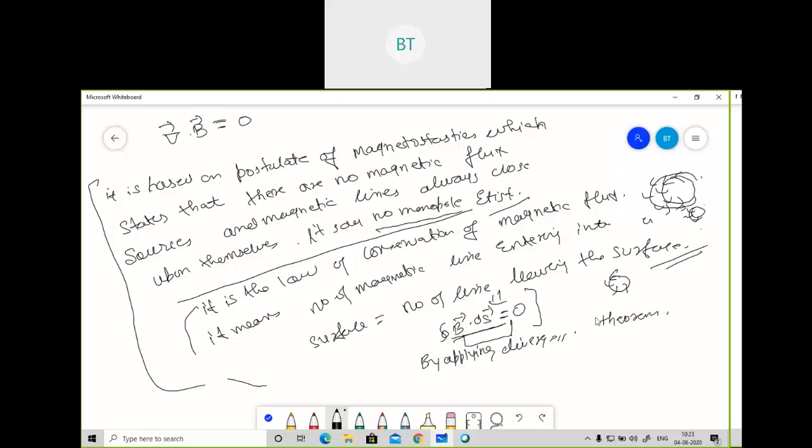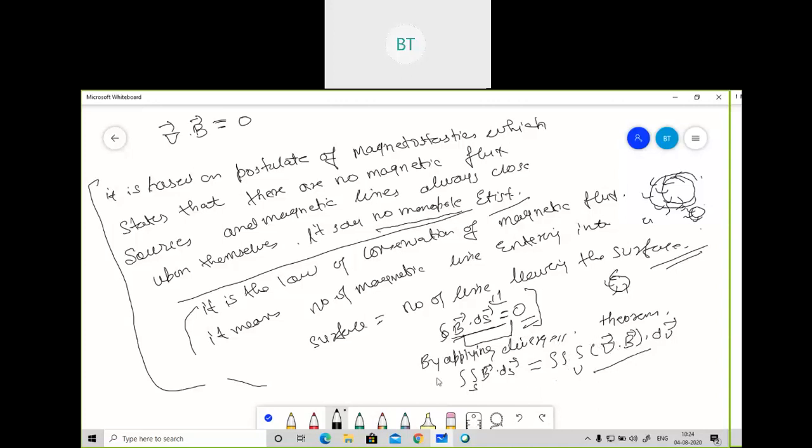So by applying the divergence theorem, what I'll get is that the divergence theorem converts a surface integral into a volume integral. According to the divergence theorem, the surface equation which we are getting will be converted into a volume equation. So suppose this is our surface equation, B dot ds, and that will be converted into a volume integral.